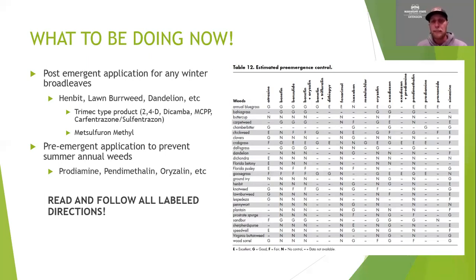If it says that it's safe to use on St. Augustine or centipede, double check that before you purchase it and apply it. So any winter broadleaves that you have now, like henbit, lawn burrweed, dandelion, etc., you want to use a Trimec type product, which contains 2,4-D, dicamba, MCPP, and carfentrazone or sulfentrazone.